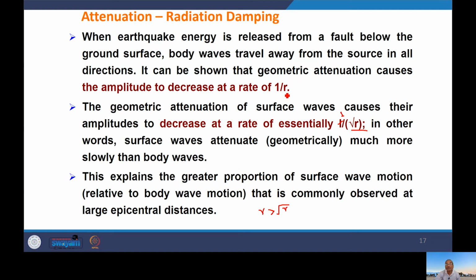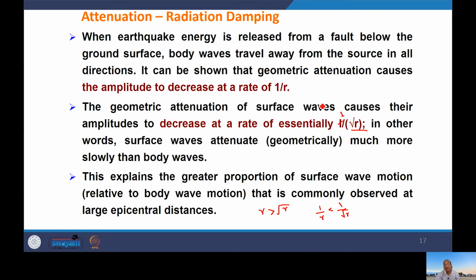That means the decrease here will be more compared to the case of surface waves.